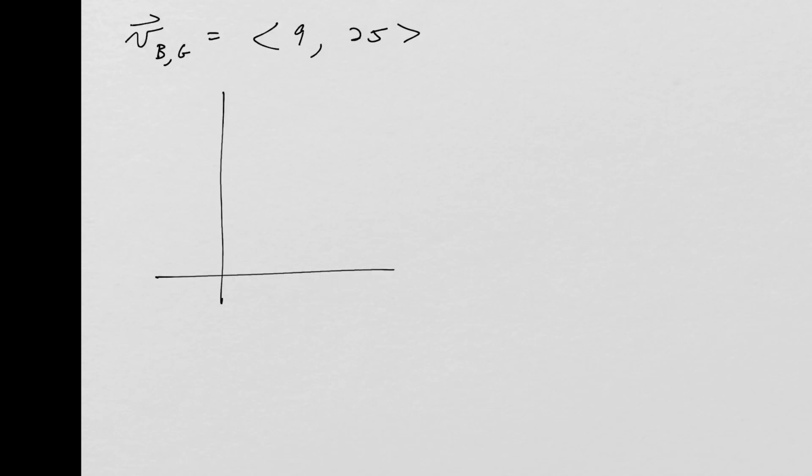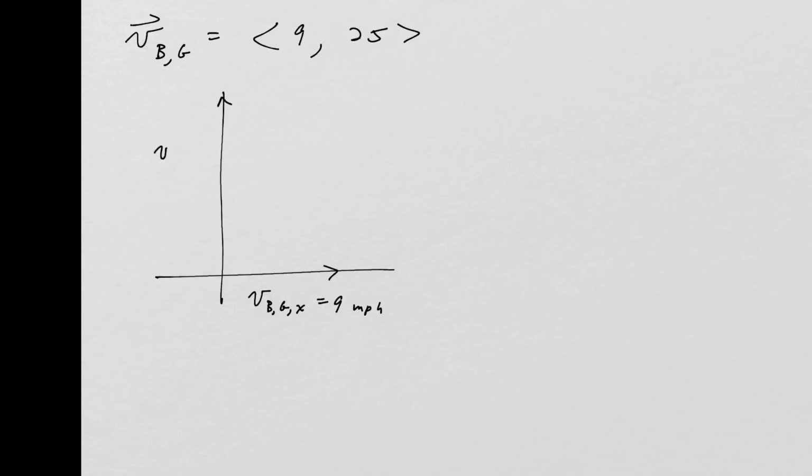So we said the velocity of the ball relative to the ground is 9, 25. So if I draw this out, it's 9 to the right. So V_BG in the x is 9 miles per hour.